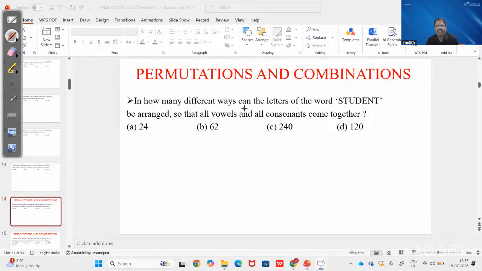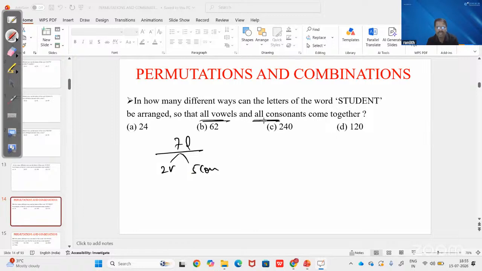Next. In how many different ways can the letters of the word STUDENT be arranged so that all vowels and all consonants come together? How many letters are in STUDENT? 7 letters. Out of 7 letters, 2 are vowels, and the remaining are all consonants.